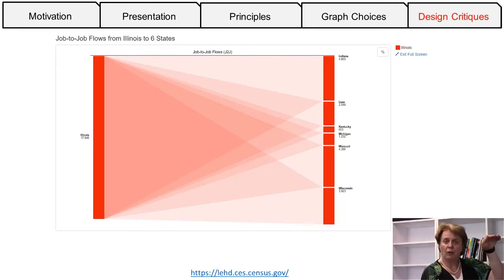So you've got a picture of their employment in one quarter, and you want to say how many of them are going to be in a different contiguous state in the subsequent quarter. If you take a look at this, a lot of them end up in Indiana, a lot of them end up in Wisconsin, Missouri, Michigan, Kentucky. And the nice thing there is the flow is captured both in the size of the bar chart at the end and then you have a visual that conveys that flow. So Sankey charts are a very, very powerful way of conveying dynamics and flows from one state to another state.